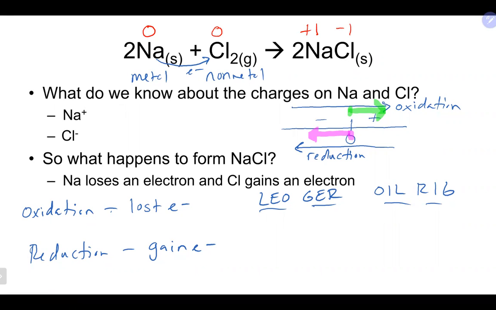In this case, the sodium is being oxidized, which means it's giving away its electrons, and the chlorine is saying thank you very much and picking up those electrons, and that makes our ionic compound. This overall is a redox reaction because we have electrons being transferred, so it falls under the big umbrella of a redox reaction.